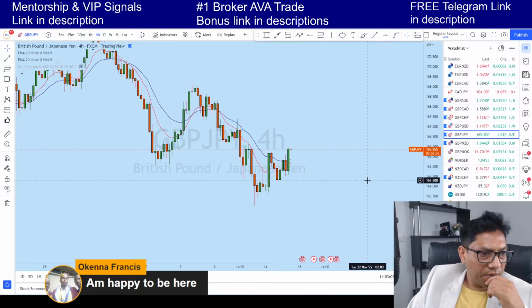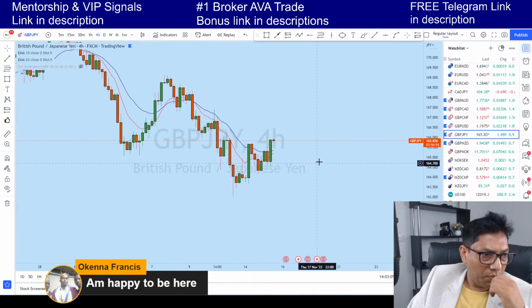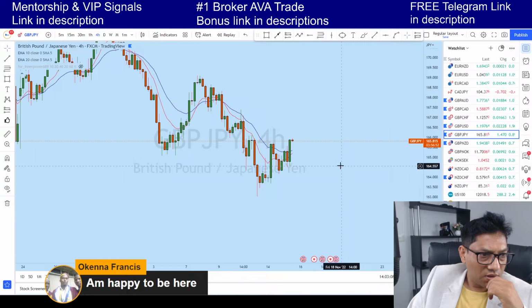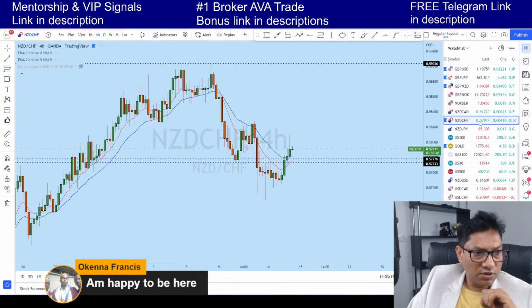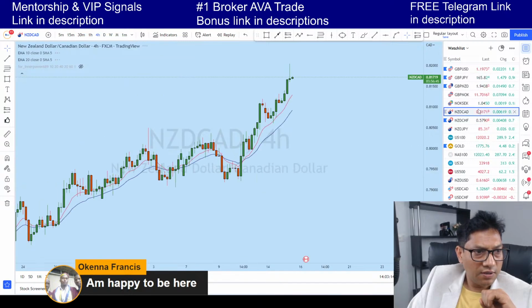So GBP JPY created a bullish candle, but it's not that impressive. All those GBP pairs have broken to the upside.